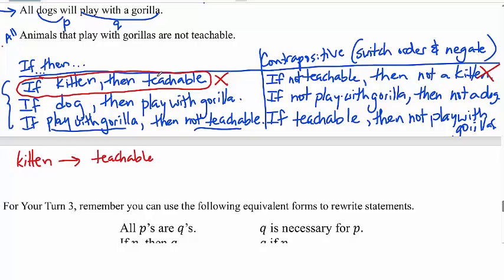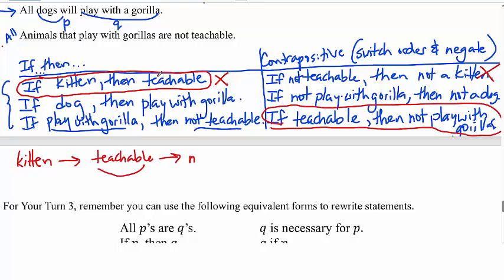So out of the other two facts, which one starts with teachable? I see here on the third fact, if teachable, then you don't play with gorillas. So that means that teachable leads to not playing with gorillas.